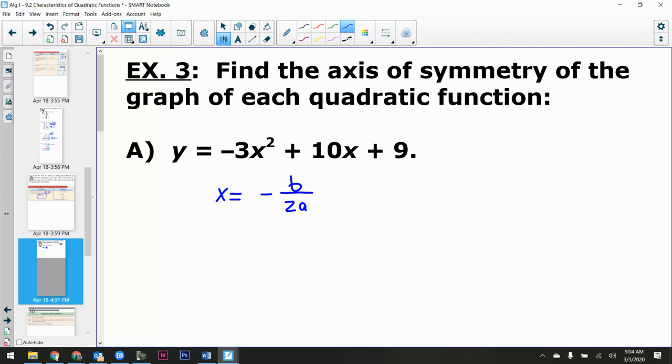Now, let's identify what A and B are. What is A? Negative 3. What is B? 10. Good. So that means this is negative 10 divided by 2 times negative 3.